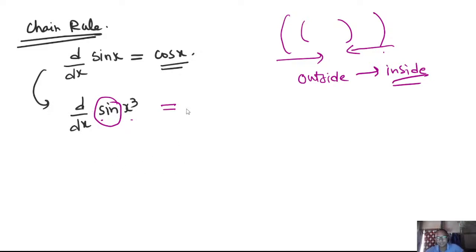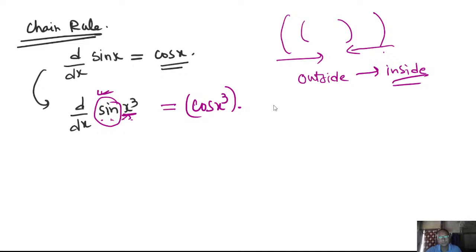Sin differentiates to cos. So cosine of this x cube stays as it is. Then we differentiate the inside, x cube.